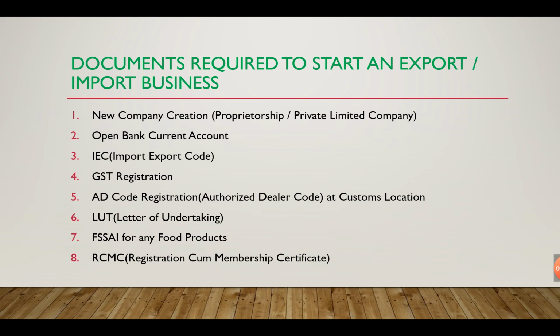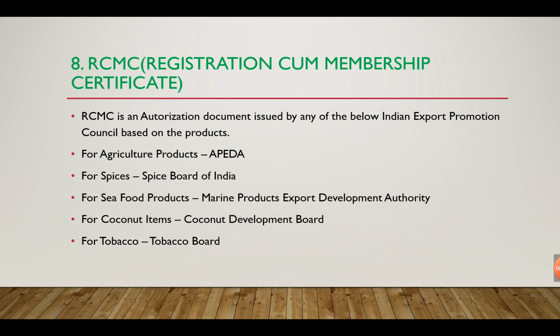And next, you can go for RCMC registration. RCMC is nothing but a registration cum membership certificate. RCMC is an authorized document issued by the Indian Export Promotion Councils. There are different councils for each product. For example, for agriculture products, there is an Export Promotion Council called APEDA.